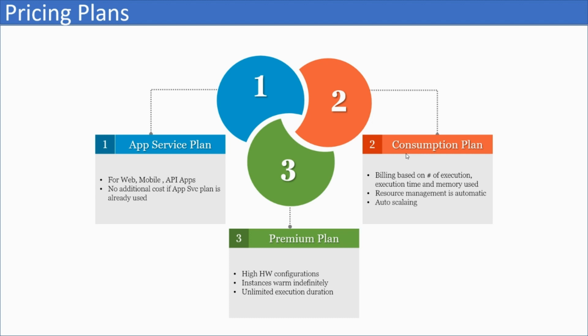The last one is the premium plan. This premium plan provides features such as premium compute resources, something like 1 core, 2 core, or 4 core instances. It is a kind of predictable price and the ability to keep the instances warm for an indefinite period. It offers unlimited execution duration and VNet connectivity.